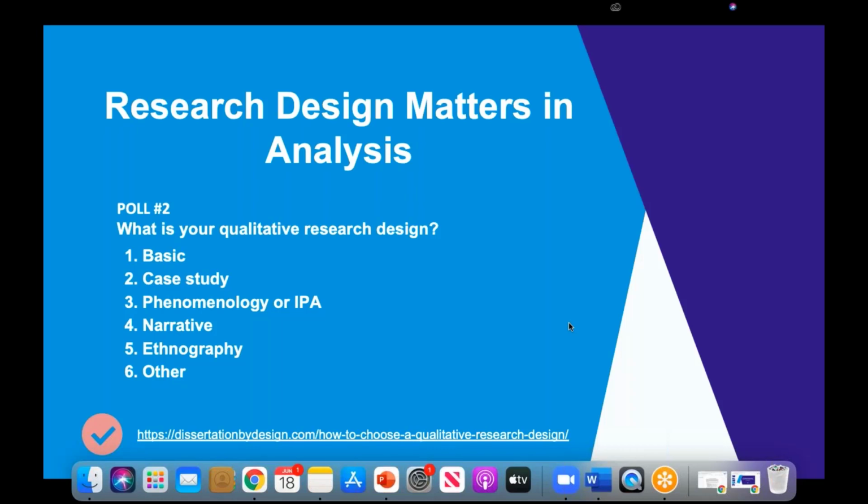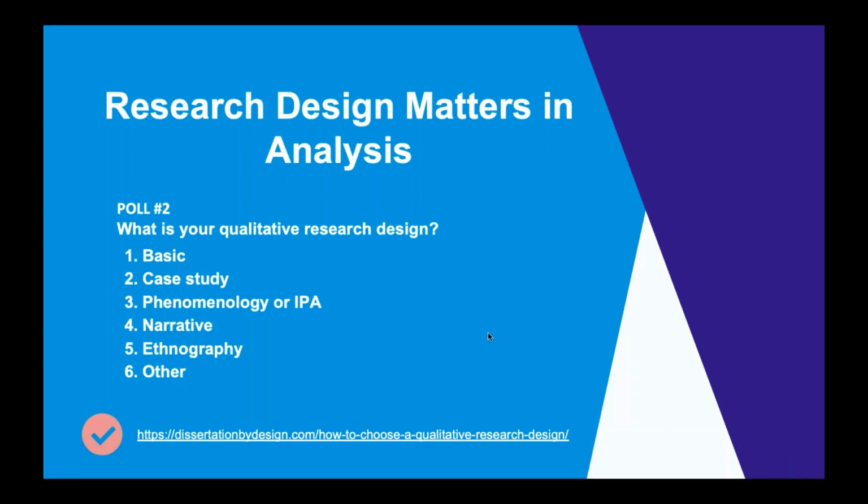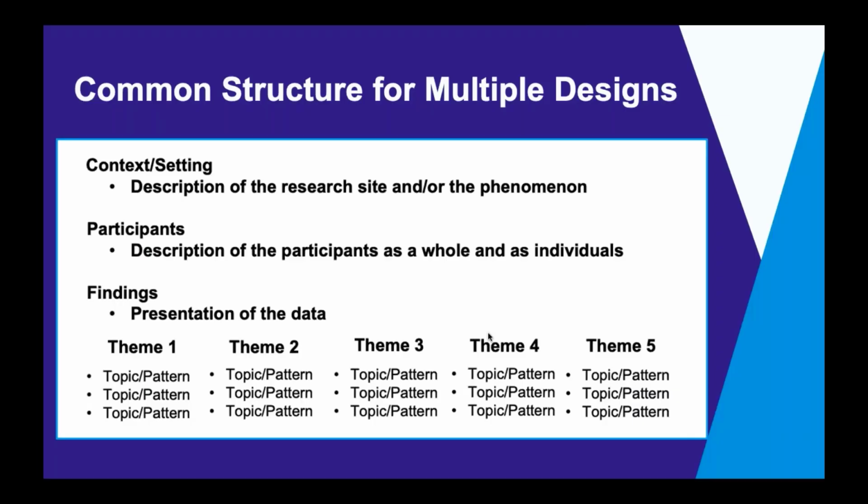All right. So the first design that we're going to look at is the basic common structure for multiple designs. So we see this design in phenomenology. We see this structure in some grounded theory studies. The difference would be that instead of themes, we would see the process.